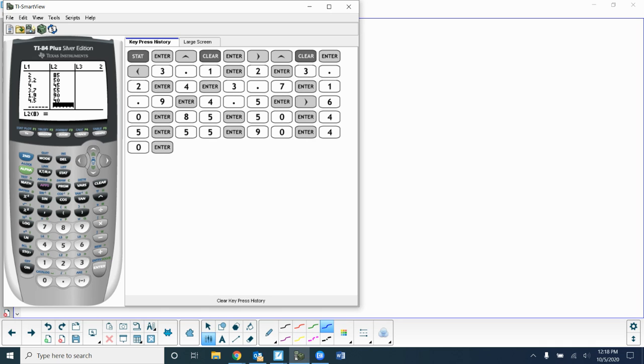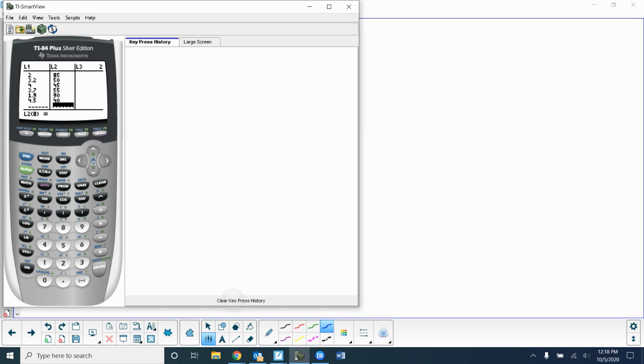Okay, so the next part is finding that R value. Because they don't really give us the equation in here on how to do it by hand. So I'm not going to worry about it. So we go back to stat. That's that same button.